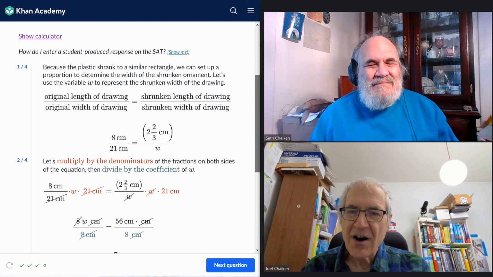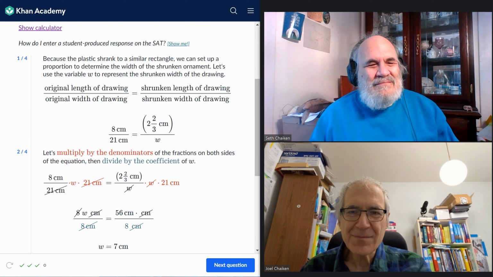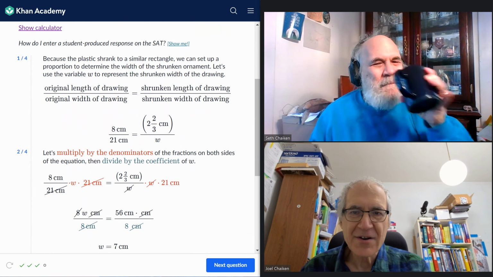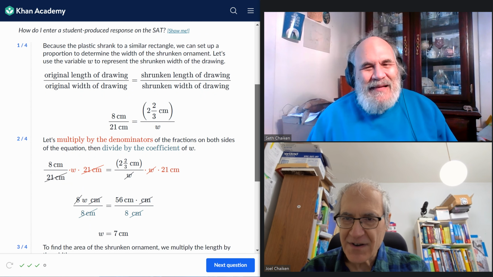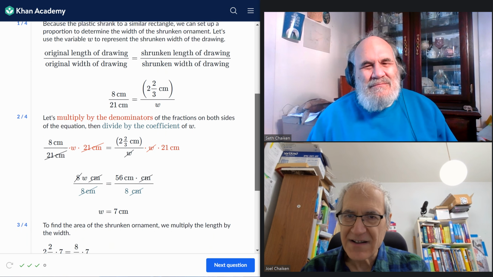Oh, and they put the W in the denominator. They should have set up the proportions with the unknown W in the numerator. It's easier to solve, because you have to go through different calculations here. They're slightly more complicated.